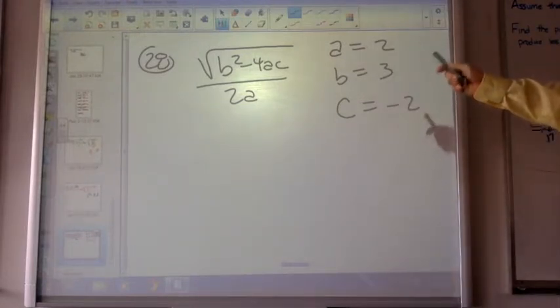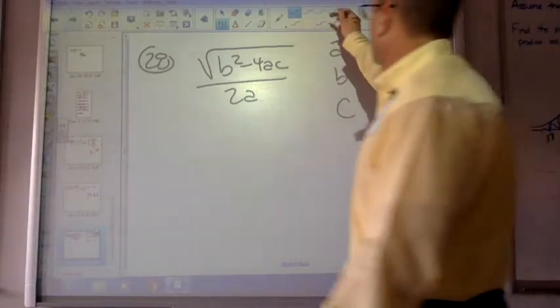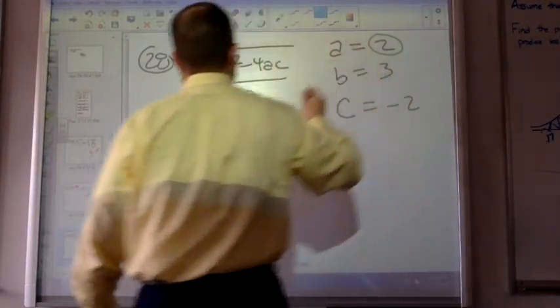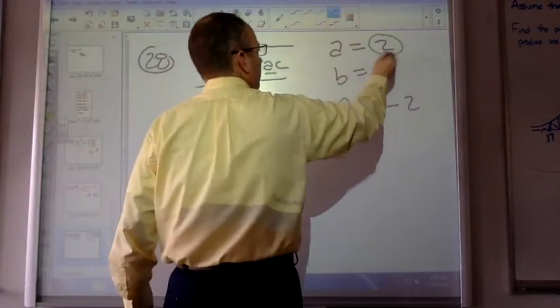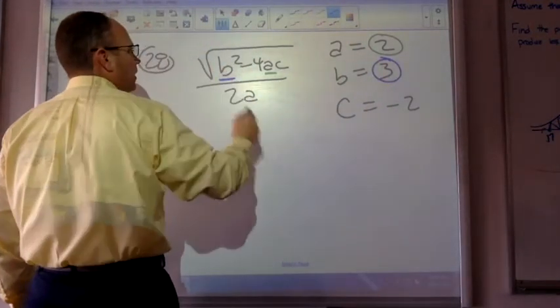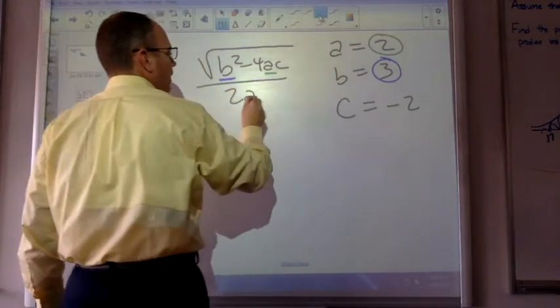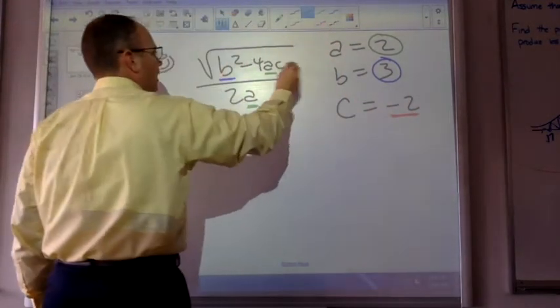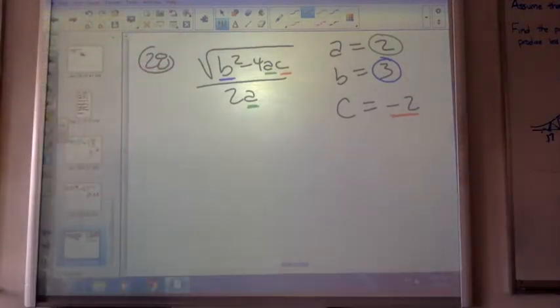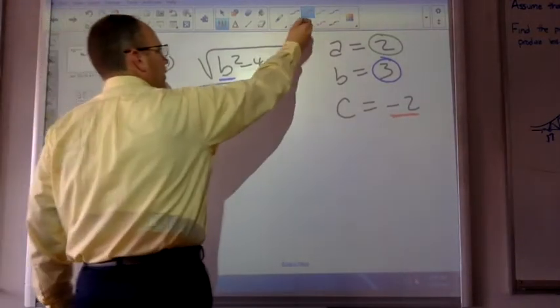It's going to come along to the right, and then a 2 in the denominator. Okay, so my a value, 2, is going to go right here. My b value, 3, is going to go right here. Oh, I forgot one of the a values. There's another a value right there. And then my c value is going to go right there. Okay? So let's plug them in, see how we do.